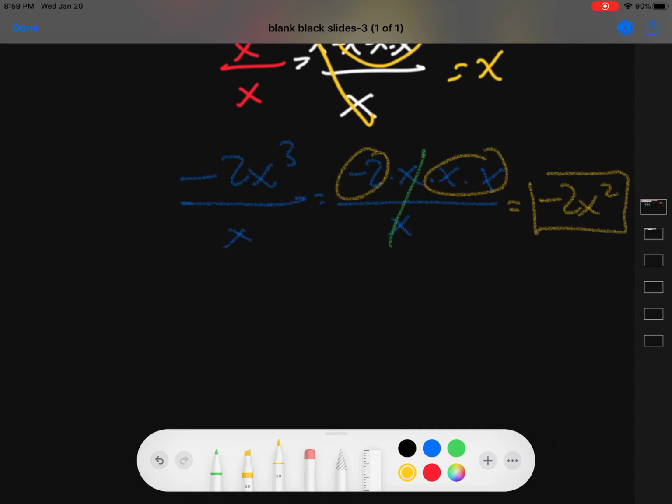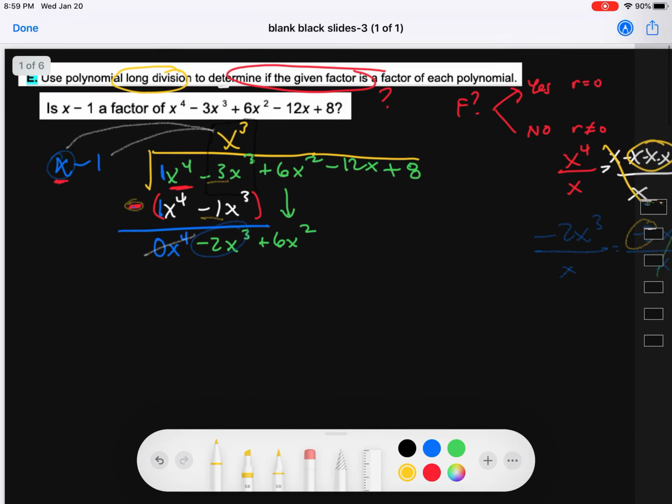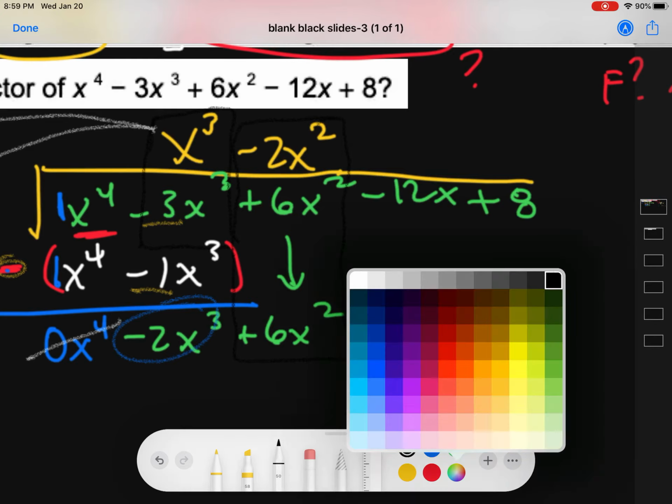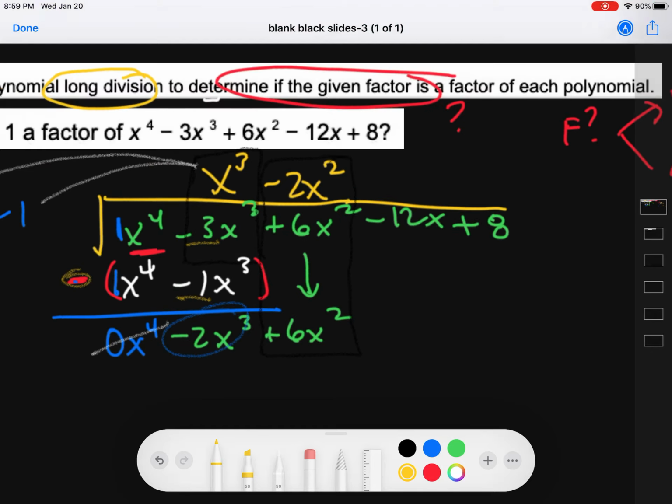So that's what I'm going to use to multiply up here. It's going to be very hard to see because I'm writing in black over a black screen, but this whole rectangle I'm drawing here, notice they're all x squareds. Does it have to be that way? No. But super helpful.